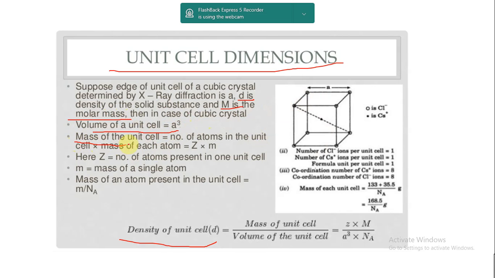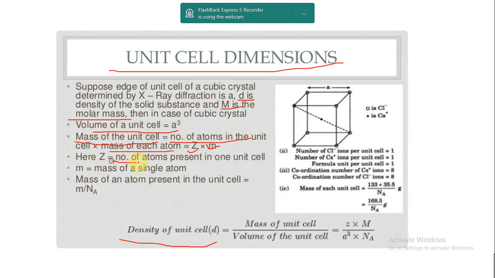Let us find out the mass of the unit cell. What will be the mass of the unit cell? Number of atoms in the unit cell multiplied by the mass of each atom. So if the number of atoms in the unit cell is Z and the mass of each atom is small m, then the mass of the unit cell is Z into small m.